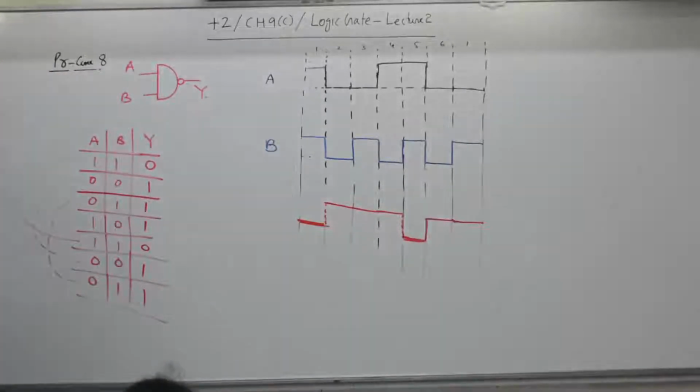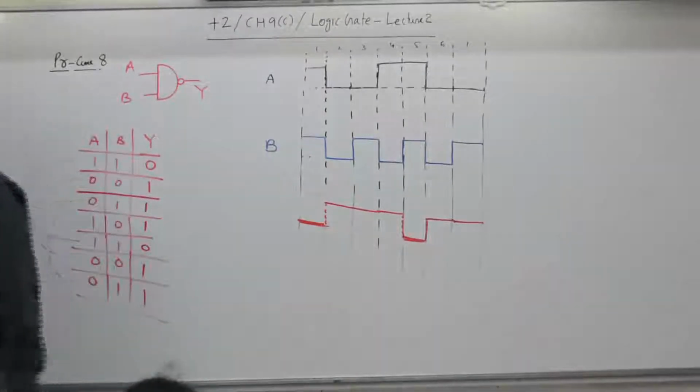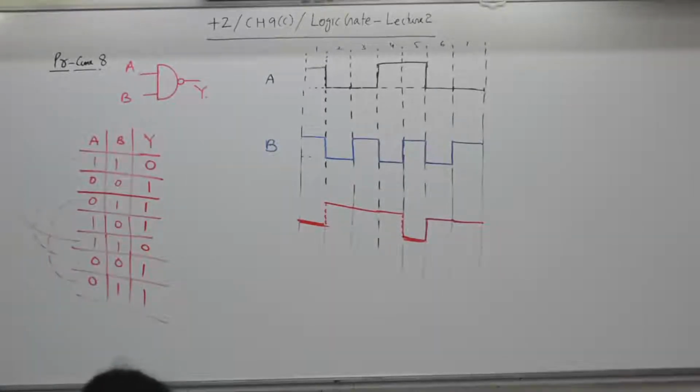Did you understand the procedure? These are called waveform questions, that for A and B this is given. One more question of the same type and then it is over.